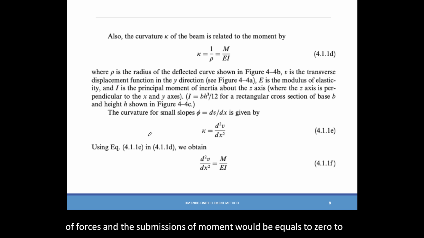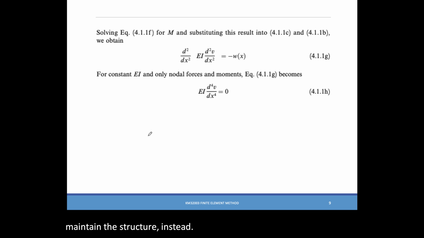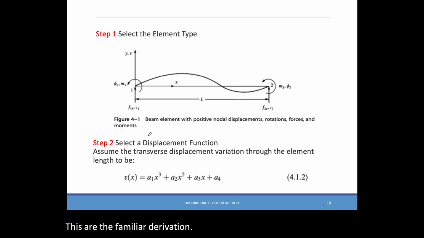These are the familiar derivations, which you can look through. So here we want to apply the beam elements for our finite element purpose.